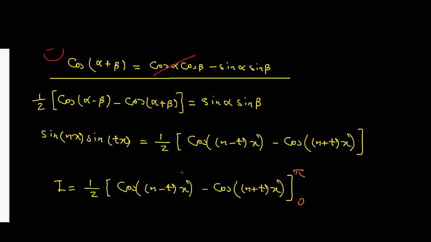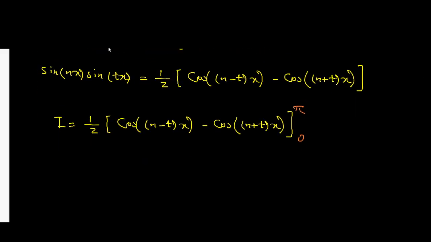Oh, before that, I forgot to actually integrate this. So that's not the expression we're going to evaluate at 0 and pi, it would be this integral from 0 to pi with respect to x.